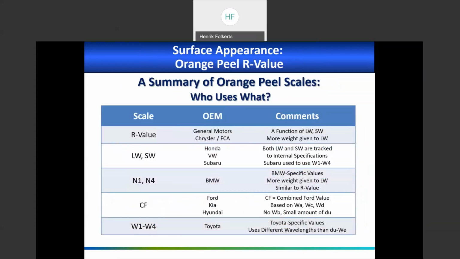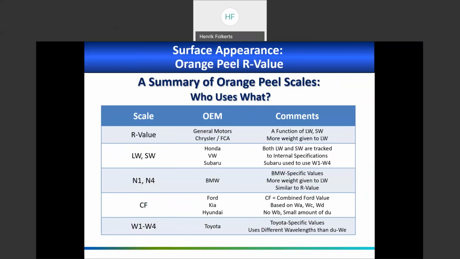So who else uses orange peel scales, and what do they use? Right now, General Motors and FCA use R-Value. Honda, VW, and Subaru use long wave, short wave. Subaru actually has their own equation now that we put into the software and the instrument because they came up with something that they like.